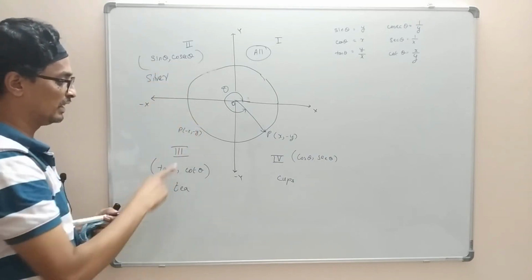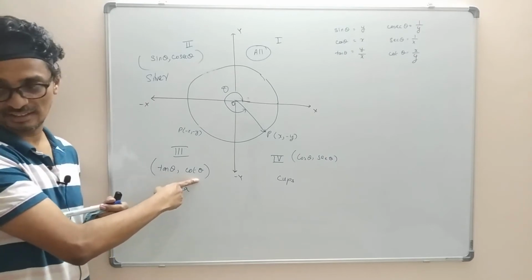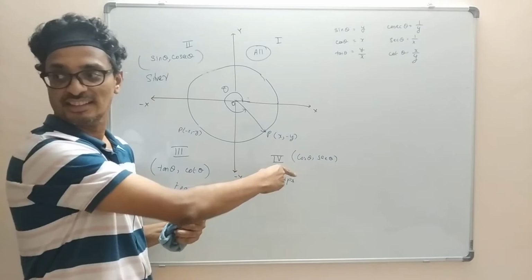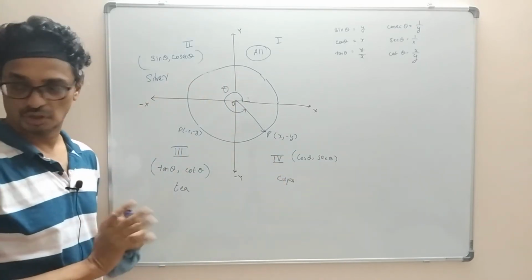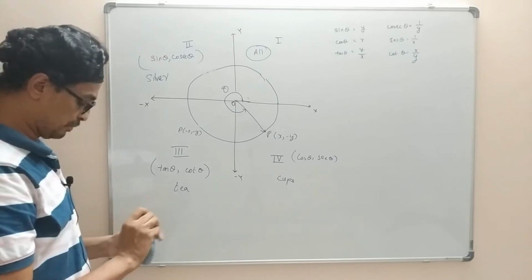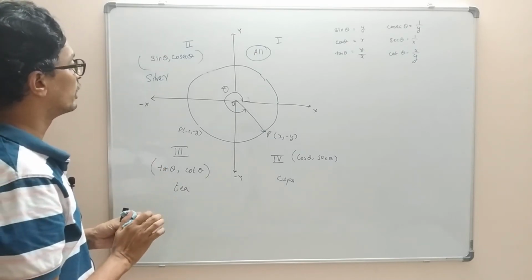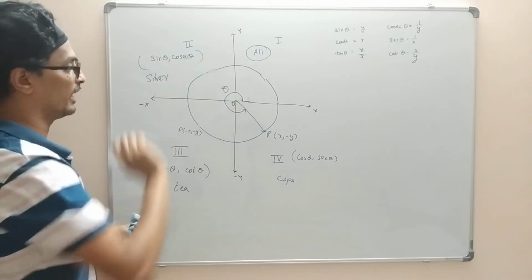Third quadrant, Tea: tan theta and its inverse. And the fourth quadrant is Cups: cos theta and its inverse are positive. The remaining terms are negative. This is the simple formula by which you can find the sign of the trigonometric ratios for different directed angles.